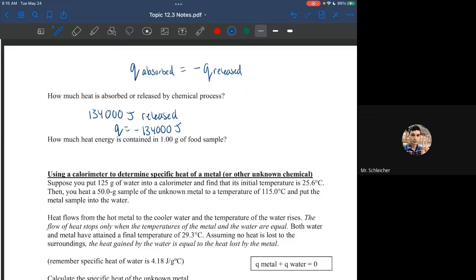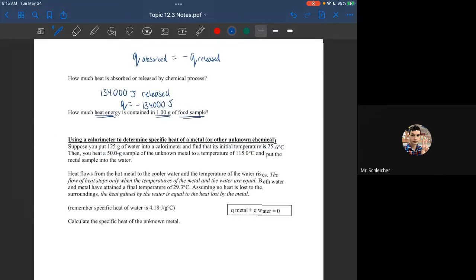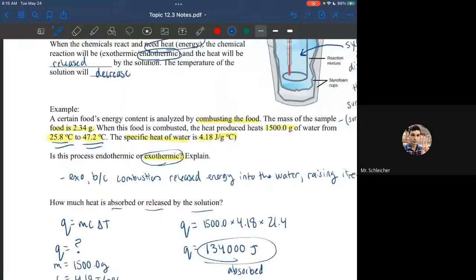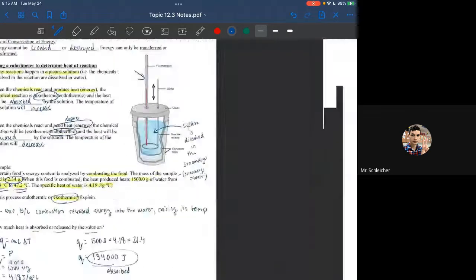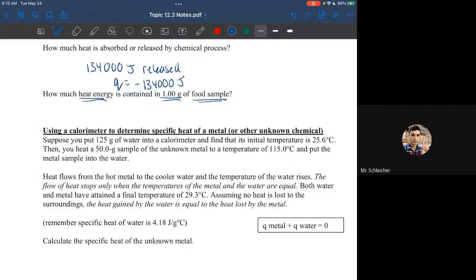All right, we have one more question here. How much heat energy is contained in 1 gram of this food sample? Okay, so I know that there's 134,000 joules in what we just burned. And it looks like what we burned was 2.34 grams. So what I can do here is take this 134,000 joules, divide it by 2.34 grams, and get the amount of energy per gram of food sample.